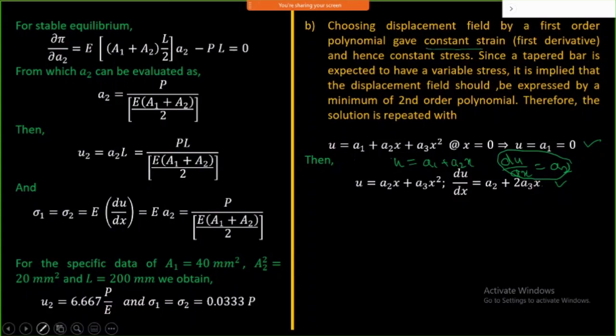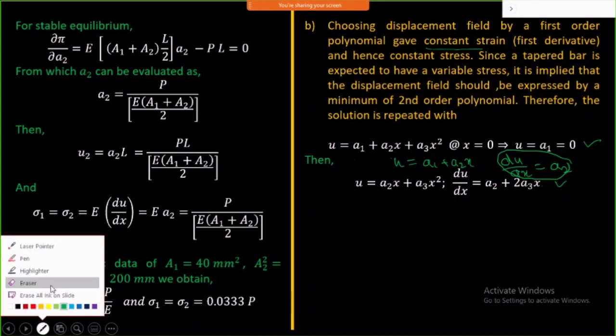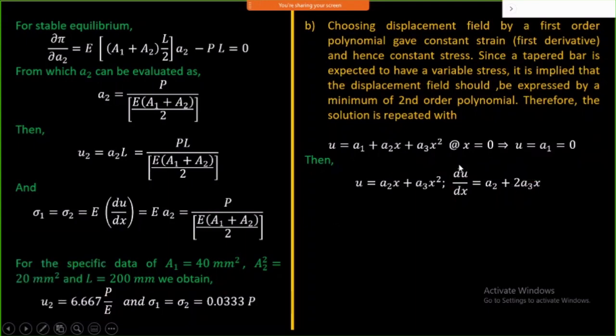The reason is that stress is going to vary over the region or domain. That's what we are going for in the second order. Here in this case, you can observe the displacement or strain field is varying with respect to x. Here displacement is a quadratic equation like this.